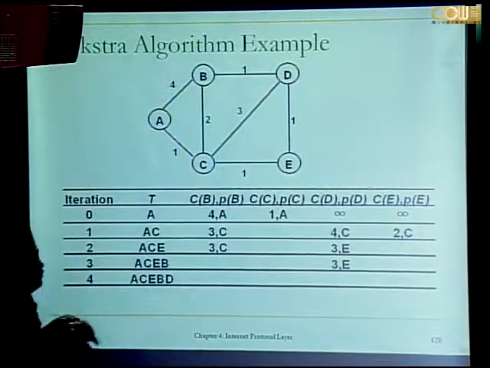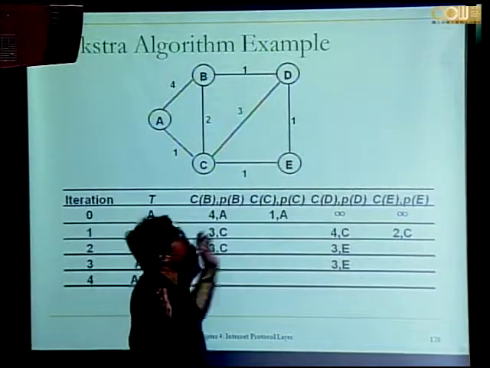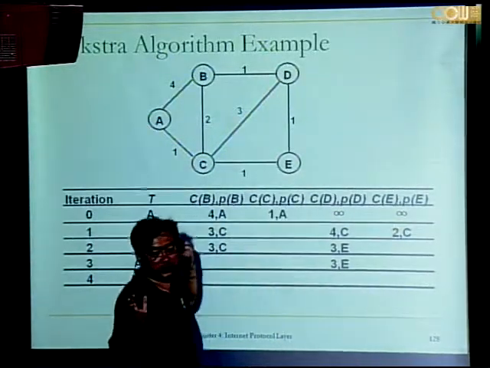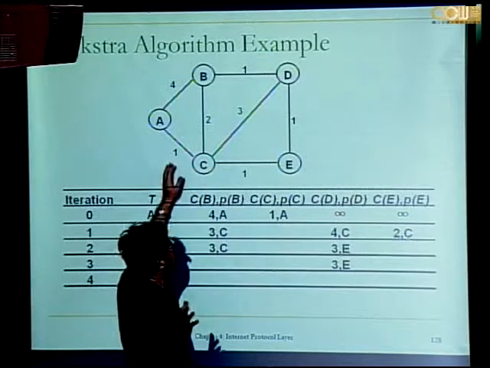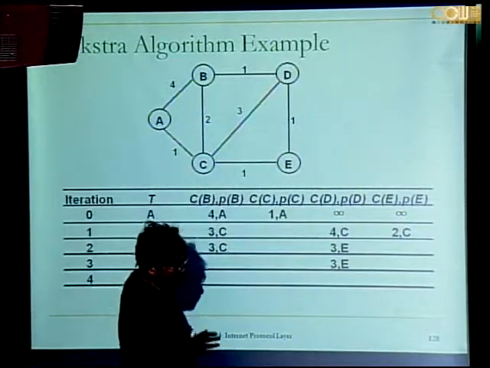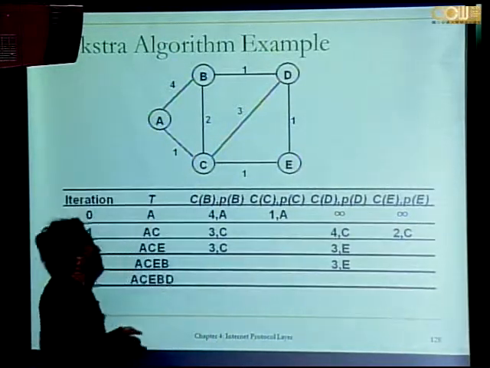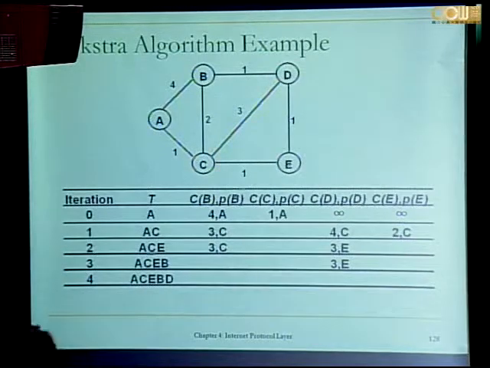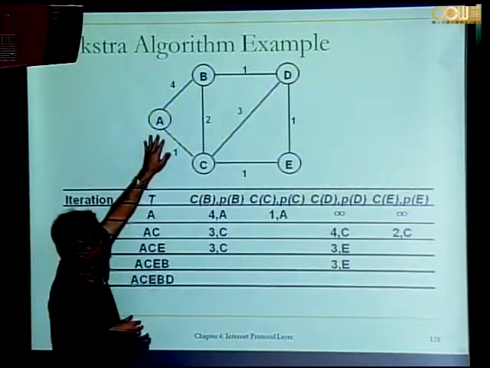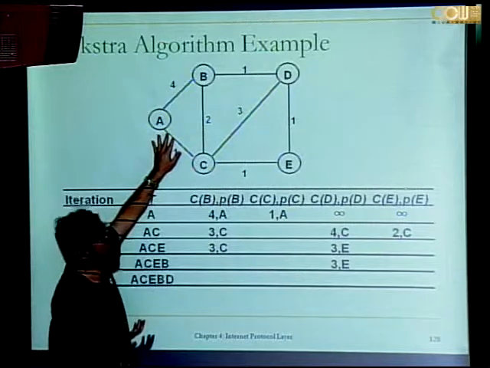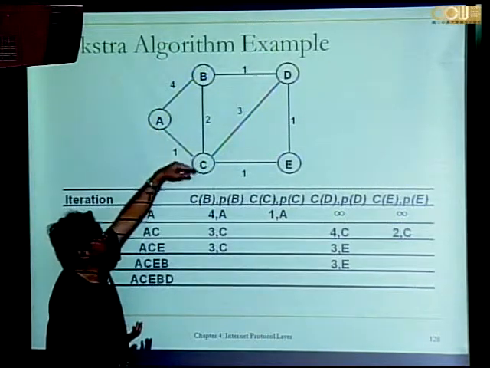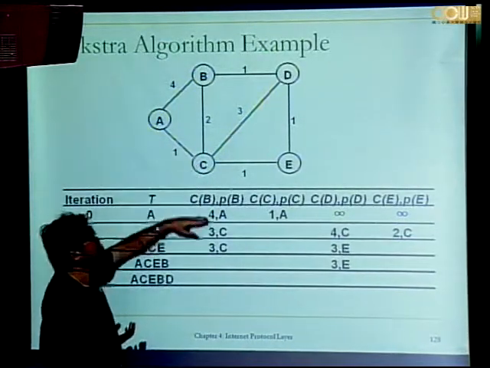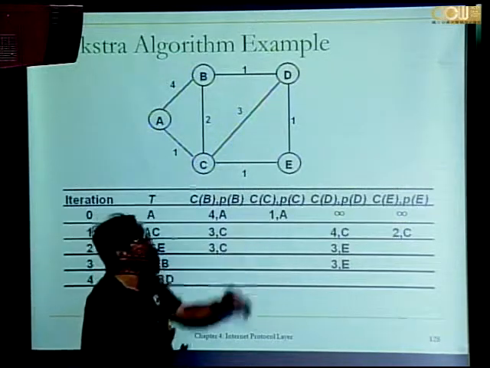Then nothing else. I cannot label D and E now because in the first iteration I only start from myself. So first of all, I mark A, which is myself, and I label my neighbors, which are B and C, with the labels 4 and 1.